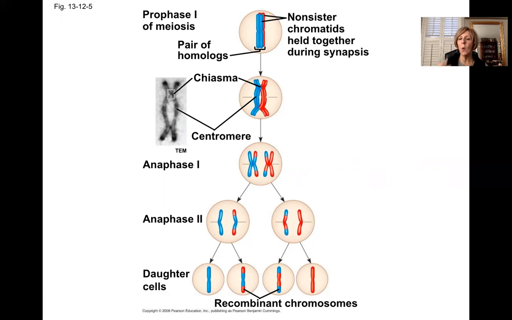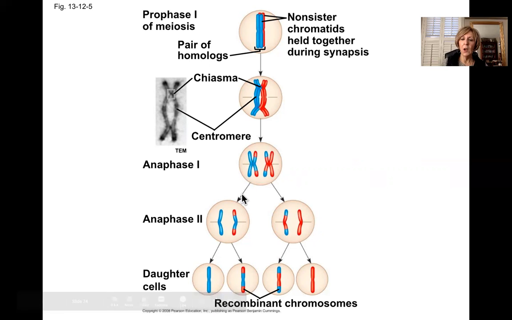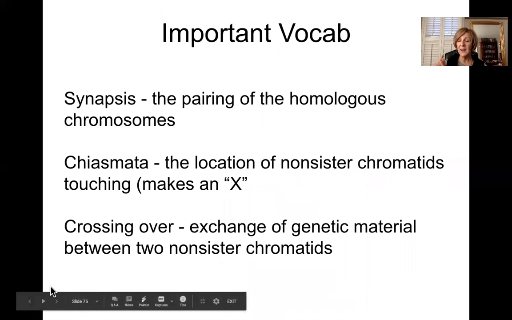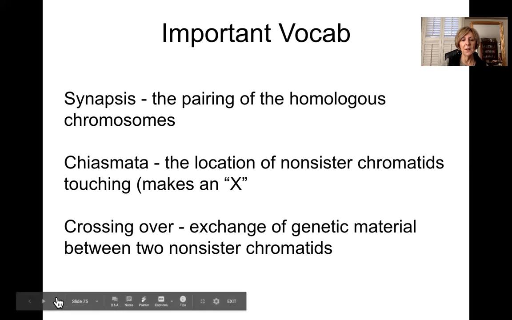Those cells are what we call recombinant, because look, one of the 4 is going to have a chromosome that was not involved in crossing over. Here I've got a red chromosome that was not involved in crossing over. But these 2, I have seen crossing over. And so that is important, because that is going to be increased variety, those recombinant cells.